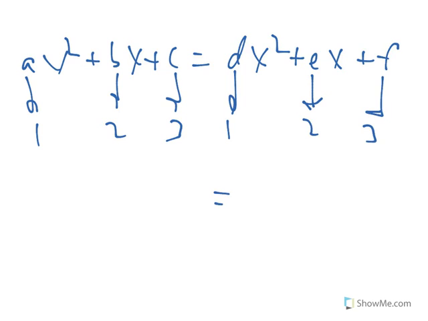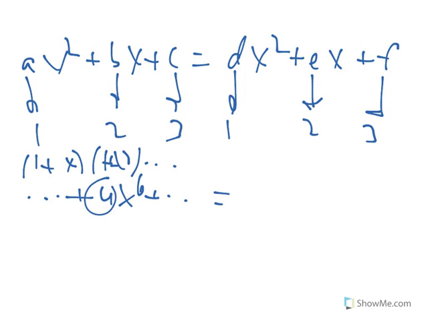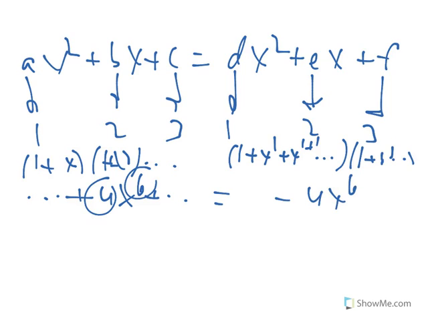So if I multiply out that giant first polynomial, the 1 plus x times 1 plus x squared going on thing, that's going to have 4x to the 6. There's 4 ways to write 6 as a sum of unique integers, whereas the other guy, 1 plus x to the first plus x to the 1 plus 1, 1 plus x to the third, all those, that's also going to have 4x to the 6.